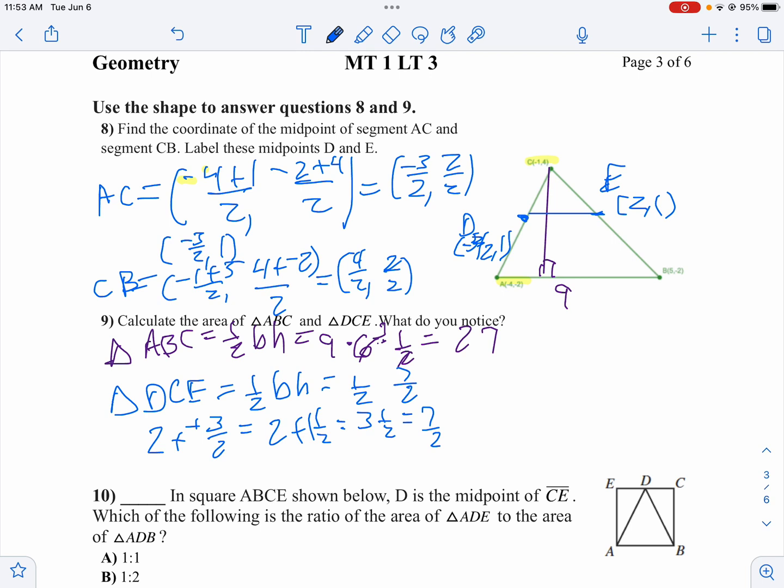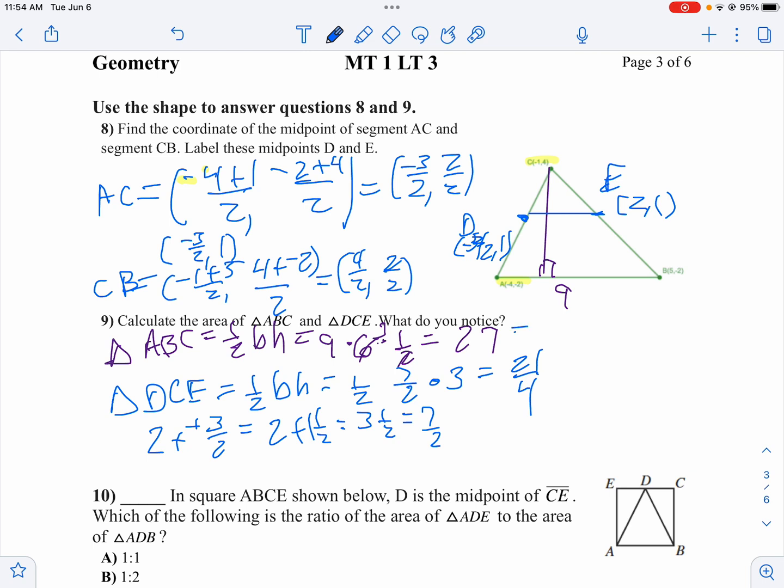And now my height goes from 4 to 1, so my height is 3. Notice nothing reduces here. So 2 times 2 is 4. So I get 7 times 3 is 21 over 4. And you're going, well, what relation is that? I don't see one there. And you're right. I really don't see one either.